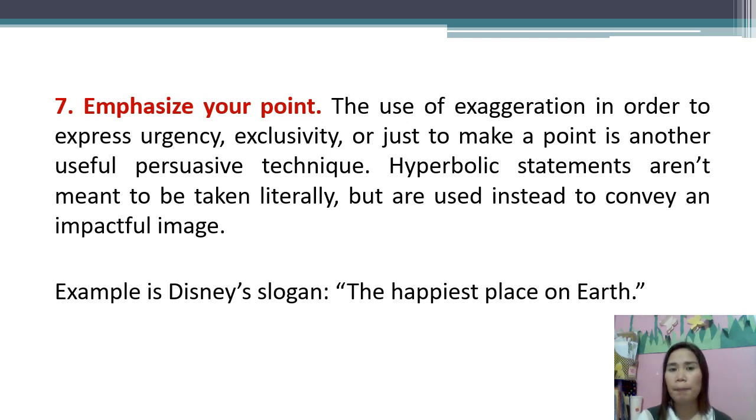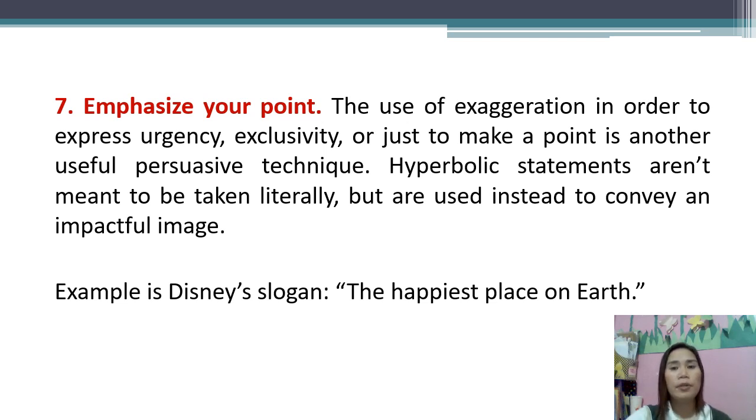Okay, for example, if you are attempting to persuade a reader not to go to a restaurant, you might say, "Their bad service nearly starved you to death." That is exaggeration. Although likely untrue, it still creates a vivid picture. All right? And another example in marketing is the Disney slogan, "The happiest place on earth."